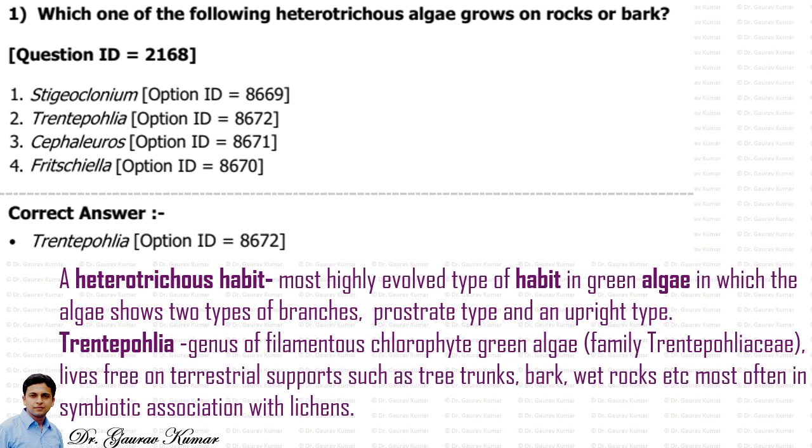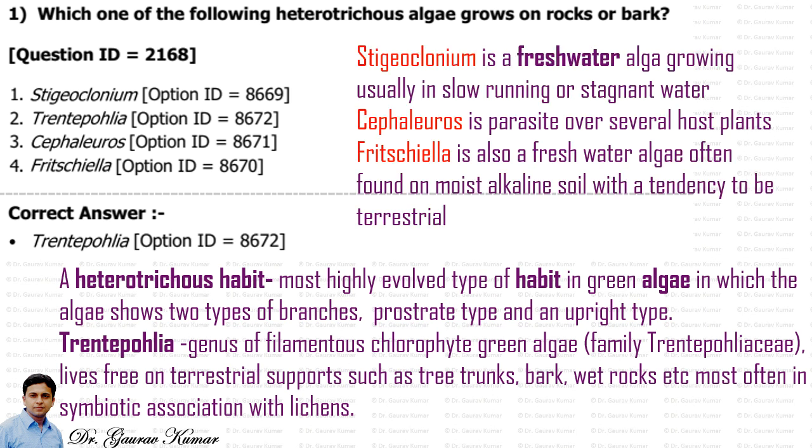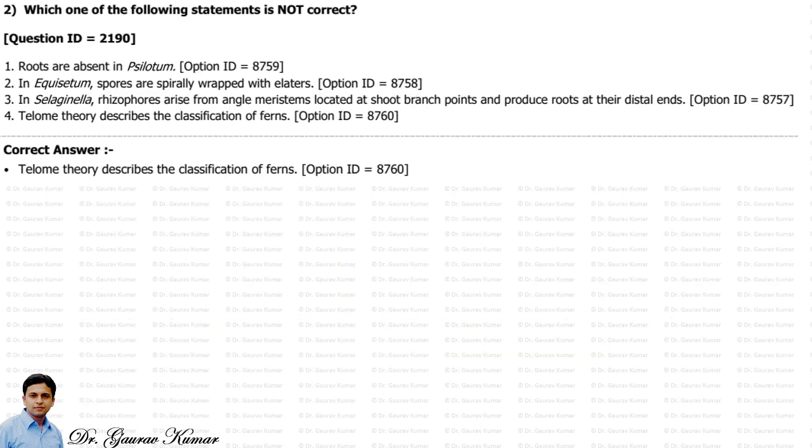It lives free on terrestrial supports such as tree trunks, bark, wet rocks, etc., most often in symbiotic association with lichen. The other one, Stigeoclonium, is a freshwater alga growing usually in slow running or stagnant water. Cephaleuros is a parasite over several host plants, and Fritschiella is also a freshwater alga often found on moist alkaline soil with a tendency to be terrestrial.